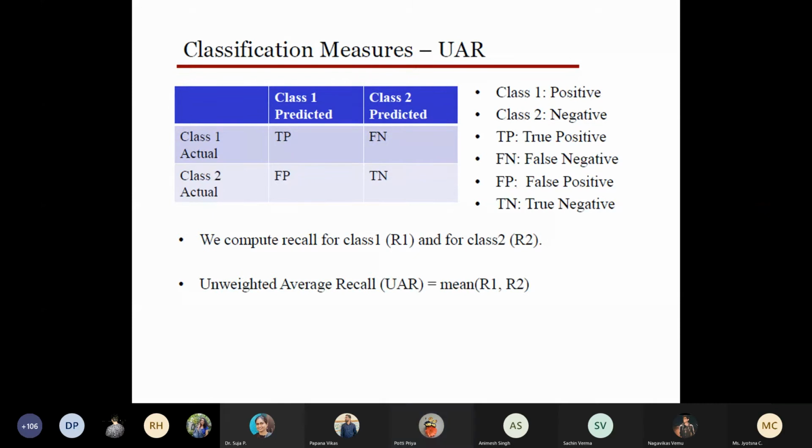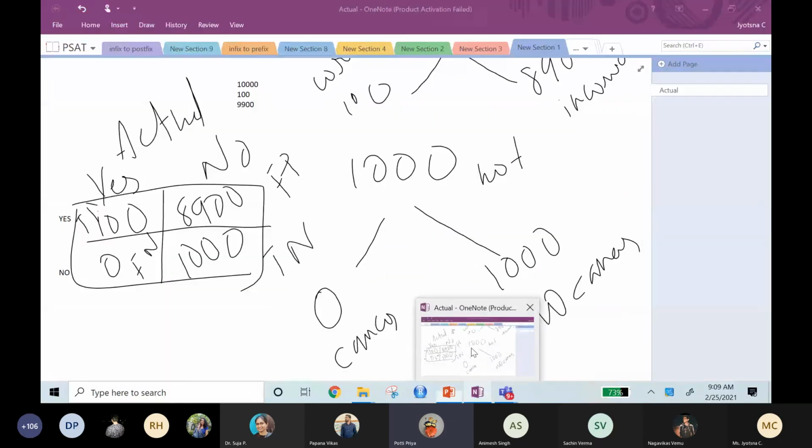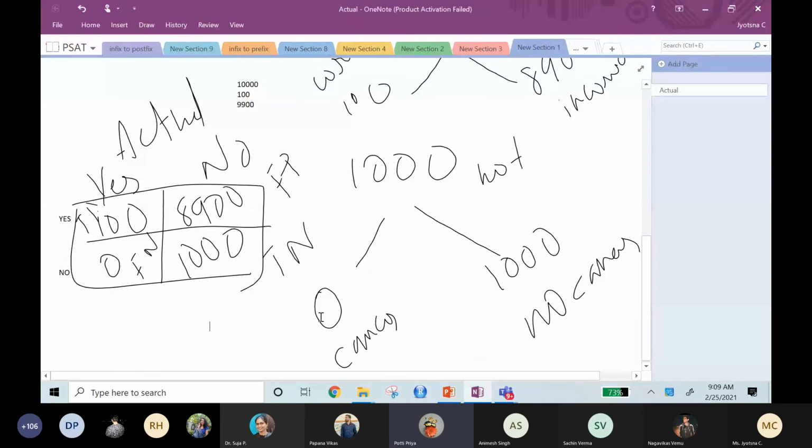So I think you can verify it. Ma'am, actually, at the top it is predicted and to the side it is actual, no, ma'am? According to the question, yes and no. Predicted yes means predicted as COVID patients, then actually wrote no, ma'am.